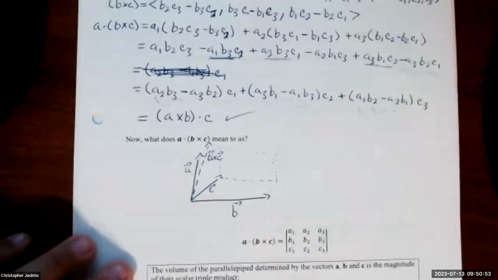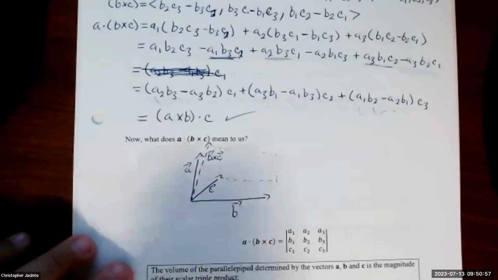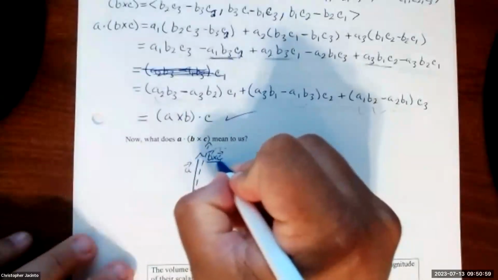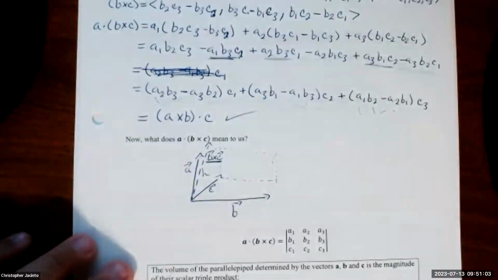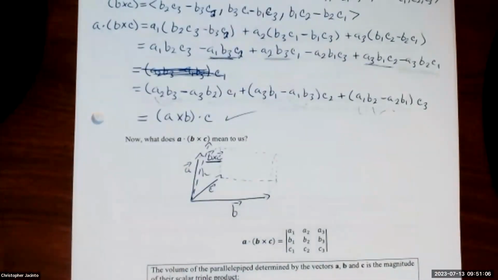I now have a box. And the cool part is now this vector here is actually the height of this box. So this actually does give me a parallelepiped, or a box, if you want to call it.